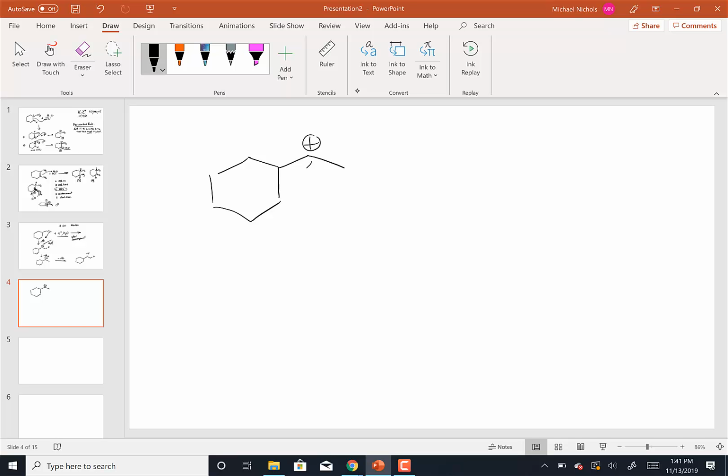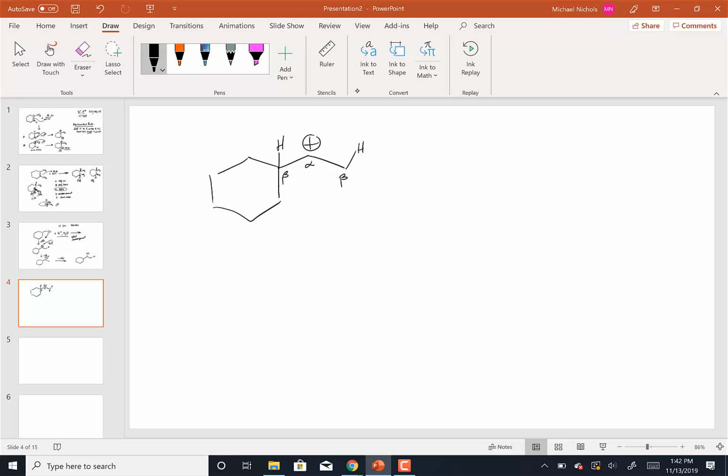This is the alpha carbon. I know we're doing substitution with it, but still, that's the alpha carbon. I can shift from a beta carbon. That means I could shift that, or I could shift that. We're still not going to shift the entire ring, and that wouldn't do anything anyway.